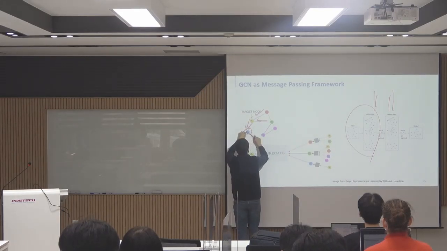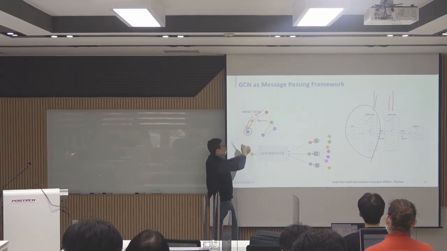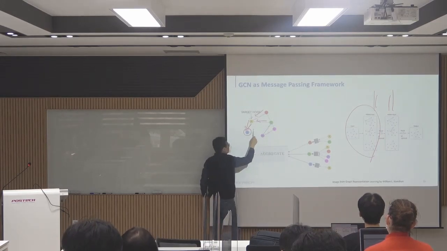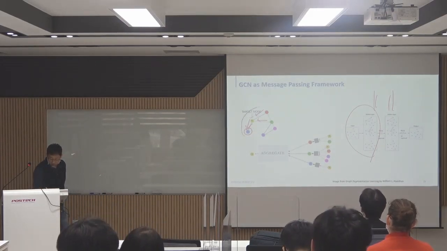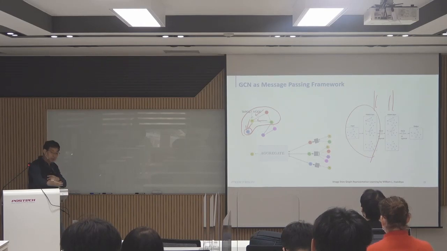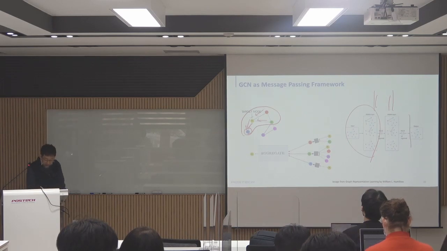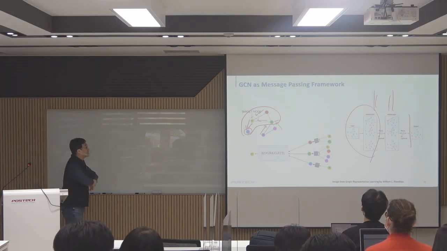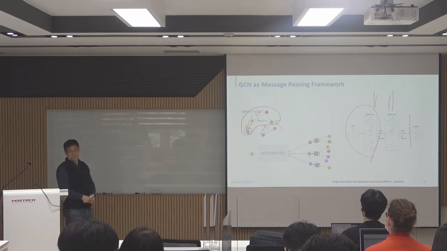So D is going to make updates based on A, and this information is going to have some effect on D. If you add another layer, C is updated from E and F as well. So in order to update D, we take the information, messages, or features from the entire graph.